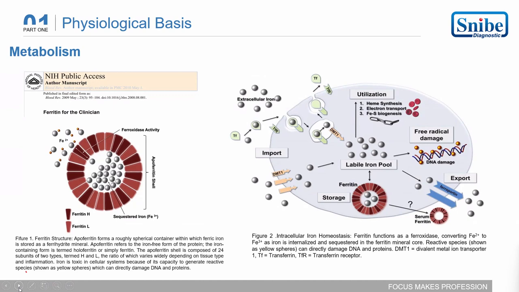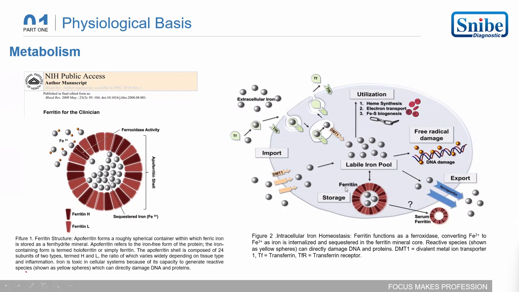If we talk about the metabolism, according to the clinician, the ferritin structure is apoferritin, a roughly spherical shell, in which iron is stored as ferric hydroxide minerals. You can see here the metabolism: the labile iron pool has utilization in heme synthesis, electron transport, and iron-sulfur cluster biogenesis, and free radical damage to DNA can occur, which affects intracellular iron homeostasis.